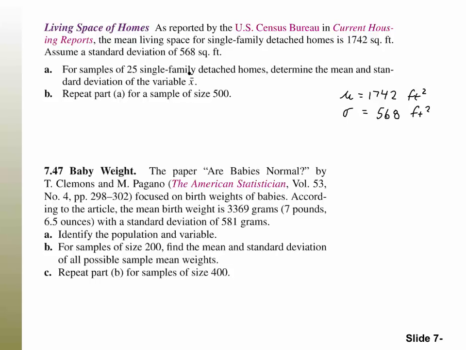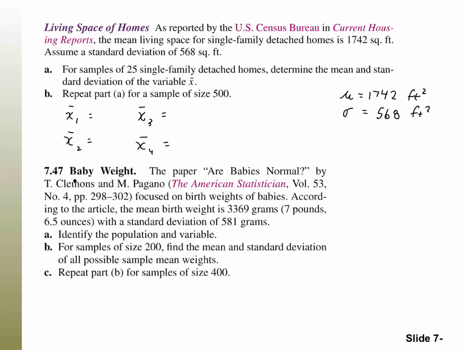Then we're going to have a bunch of these, right? We're going to have x bar 1 equals, and then x bar 2. For every sample of 25 that we take, we're going to get a different sample mean. That's going to form a new variable. The mean of these samples is a new variable for which we have a distribution. That's what we're talking about.